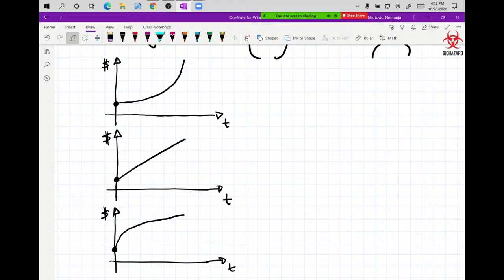Which ones are making money? 1 and 2, definitely. First and second. Is the third one making money? It slows down over time. It slows down, but is it making money? Okay, there is the YouTube chat kicking in. All 3 are making money. Yes, all 3 are making money.